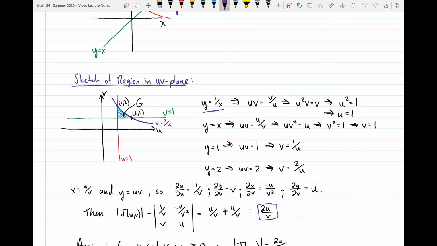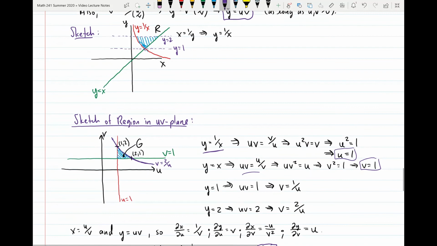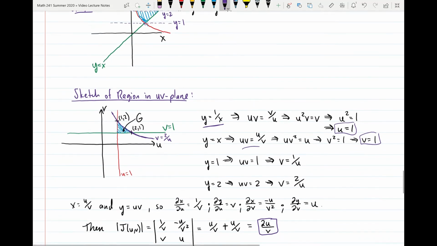And then we have the line y equals x. Again, we do the same kind of substitution here, and we get that v squared is equal to 1, which implies that v is equal to 1. So I'll put squares around this because these are the corresponding curves in the UV plane that correspond to these curves that I have drawn up in the XY plane with respect to the transformation.